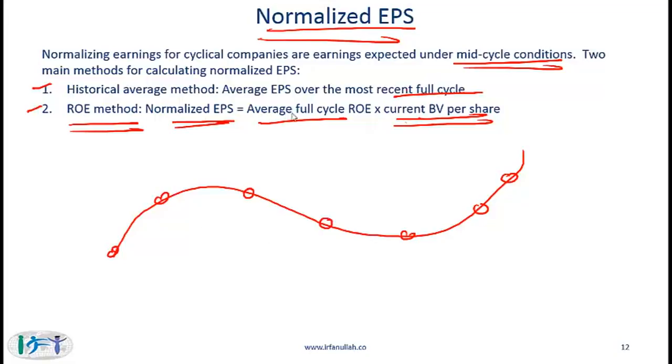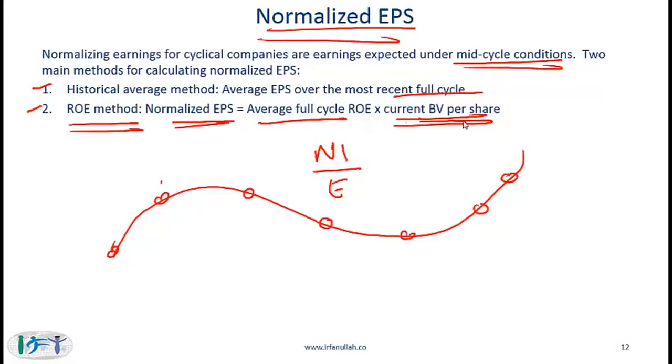And also note what we are talking about here. What is ROE? It is the net income over equity. So we take the average ROE of the company, which might not be changing too much. So if a company is relatively stable, this number might be relatively stable, the net income over equity. And then if the company is growing even at a moderate rate, then what's going to happen to the book value per share over the cycle?